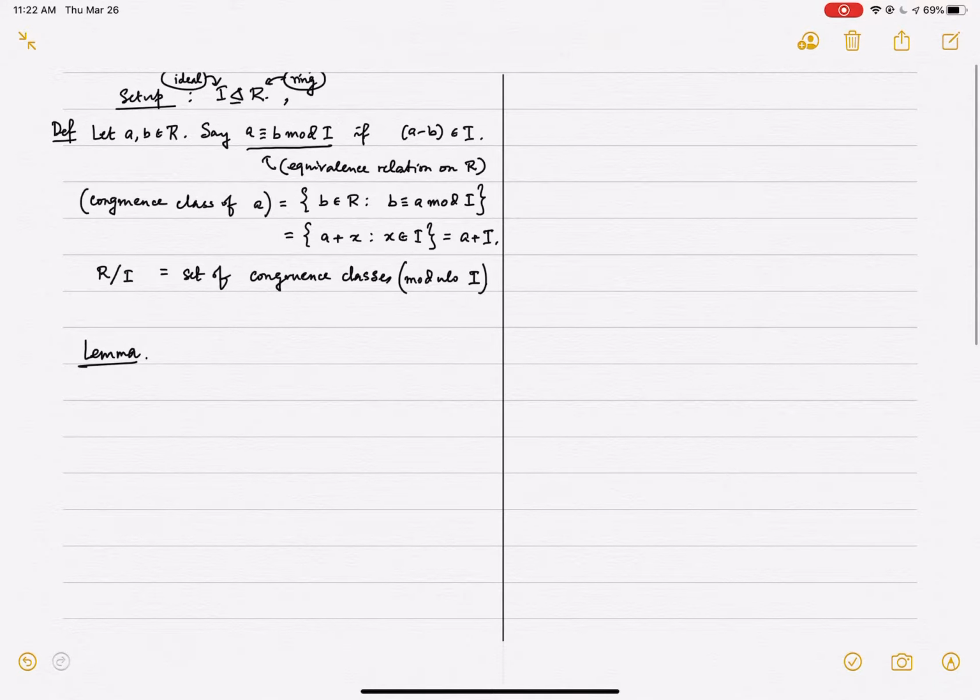So the setup is the same as up there. Let R be a ring. Let I be an ideal. Ideal, as always, unless otherwise stated, means two-sided ideal.